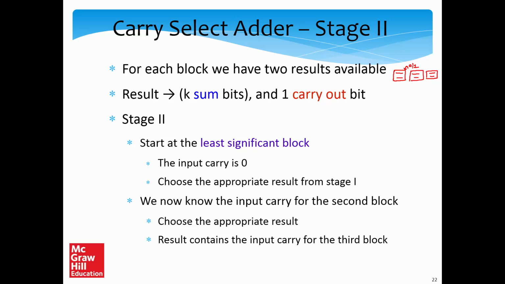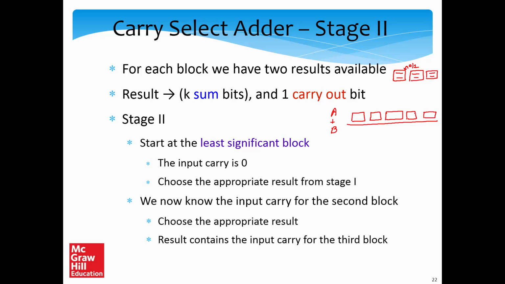Now, for two 32-bit numbers that we are trying to add, a plus b, we have a sequence of 8 blocks, where each block has 4 bits. We can generalize it. Let's say each block has k bits, and that's also fine.